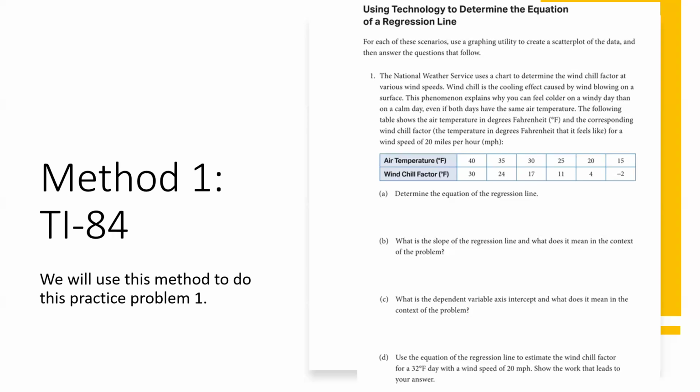Pop. Even if both days have the same air temperature. Pop. Air temperature in degrees Fahrenheit and the corresponding wind chill factor, the temperature in degrees Fahrenheit that it feels like for a wind speed of 20 miles per hour. Pop. Perfect.